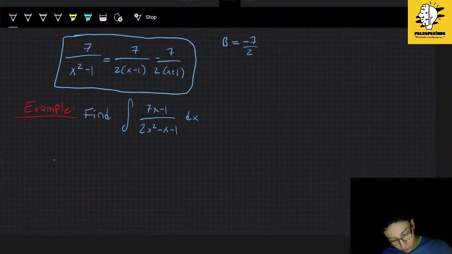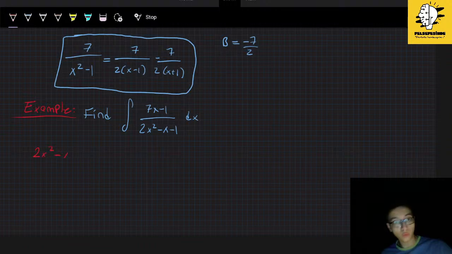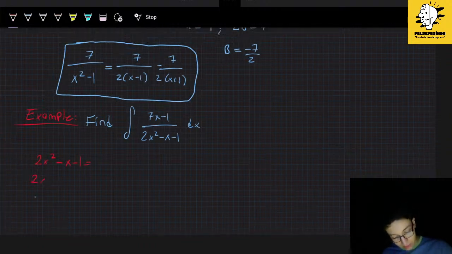So let me take this here. 2x squared minus x minus 1 is equal to what? Let's do it: 2x and x, and then negative 1 and 1. Therefore this is equal to 2x plus 1 times x minus 1.